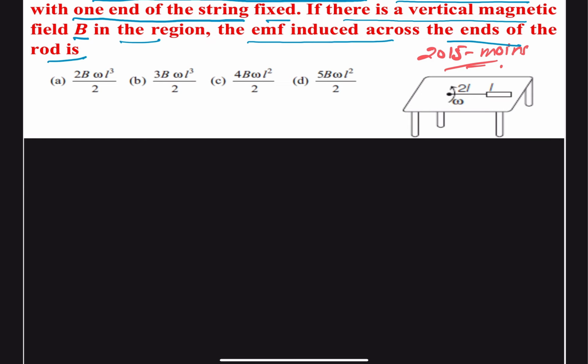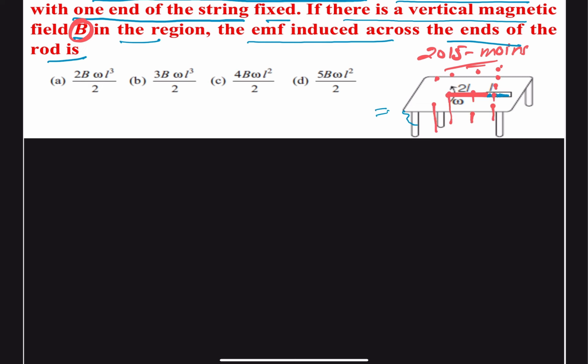So this is our figure. We have a table, and on the table there is a rod of length L, and we have a string whose length is given as 2L, rotated in the presence of a magnetic field, which is given as B, and it is said that the magnetic field is vertical. So the magnetic field will be something like this.